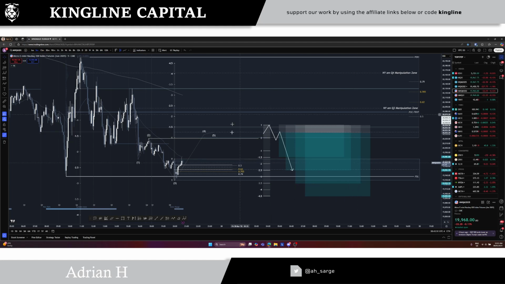And possible 8 to 1, depending how this manipulation swing plays out. 3 to 1 just to the SD 1.5, and we're in line with trend.